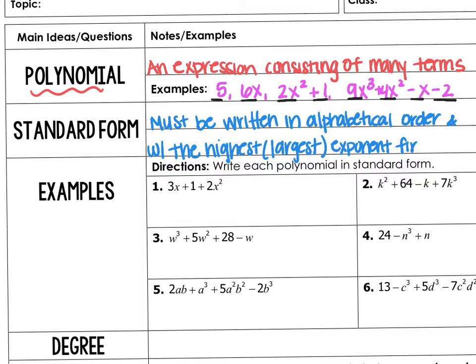And it should just go down in descending order. So it must be written in alphabetical order and with the highest or largest exponent first.